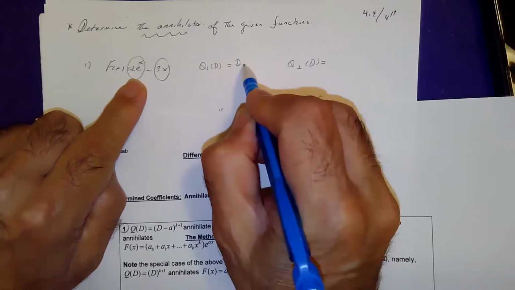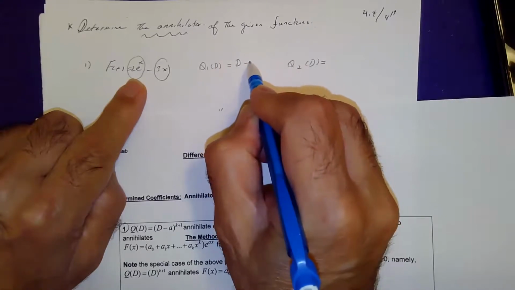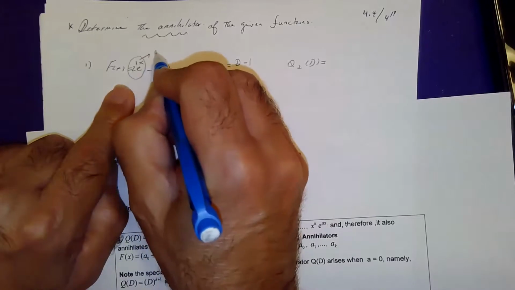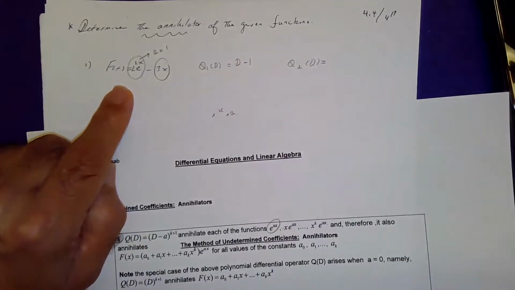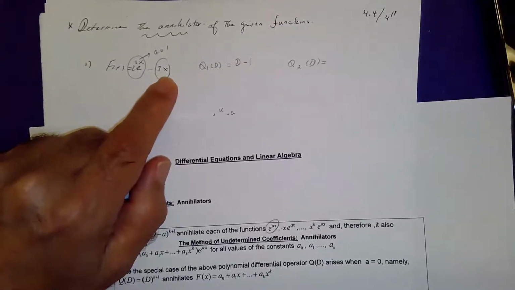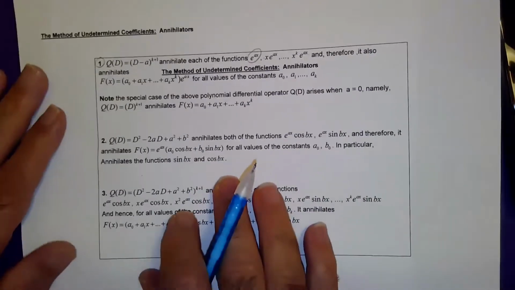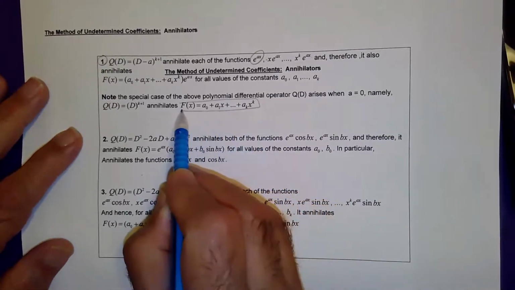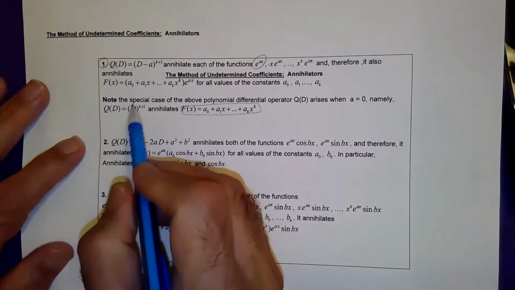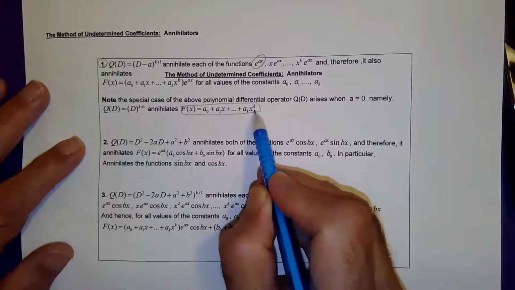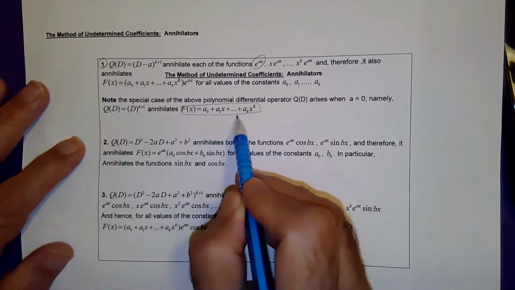D minus 1, because the coefficient is 1, and that is your a. Good. What is the annihilator for 3x? 3x is kind of like this polynomial, and the annihilator is D to the power of k plus 1. k is the highest power of x in your polynomial.